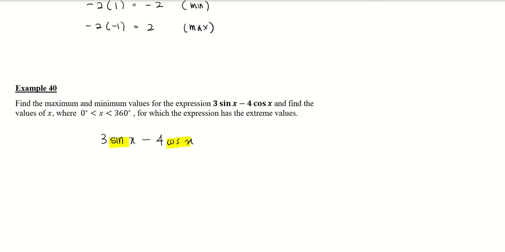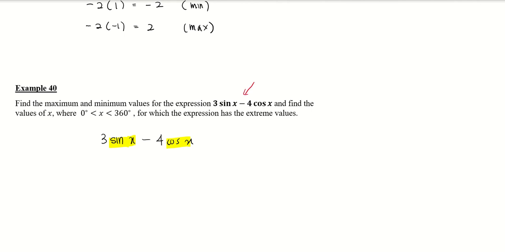We cannot substitute sin equals to 1 and then cos equals to 1 because sin x cannot be the same as cos x. Okay, when sin x equals to 1, cos x cannot be 1. So we need to change this to a form where it is single. Alright, so actually this one is linear. This is linear form.